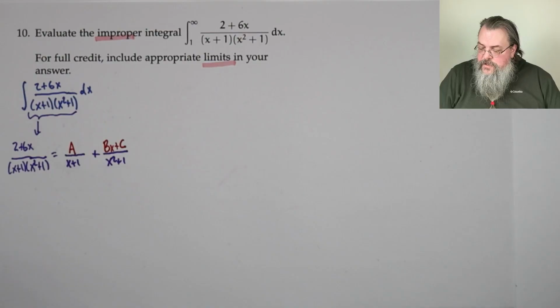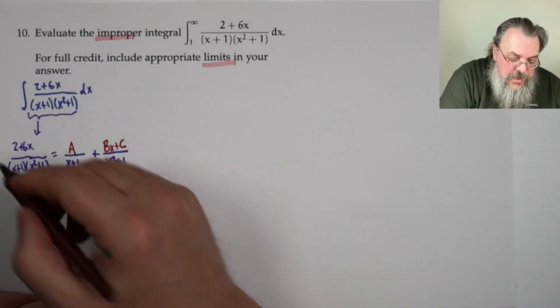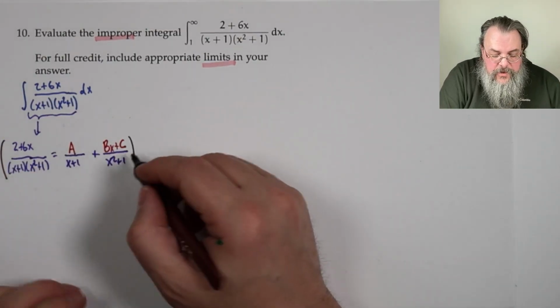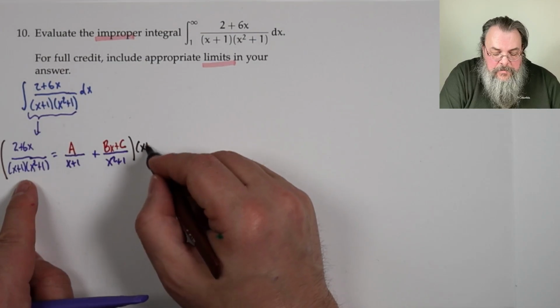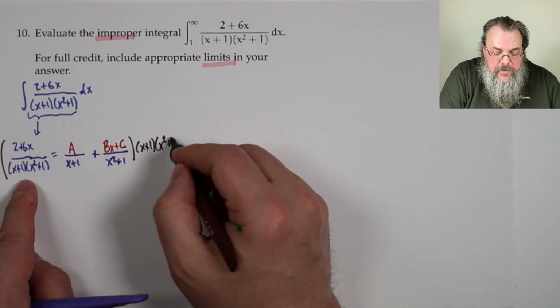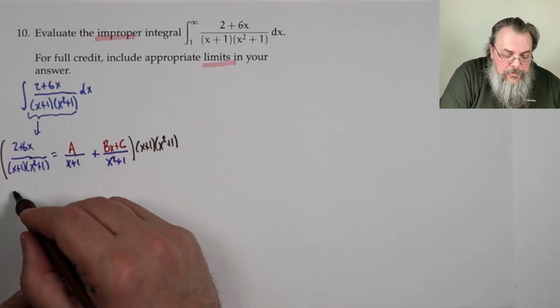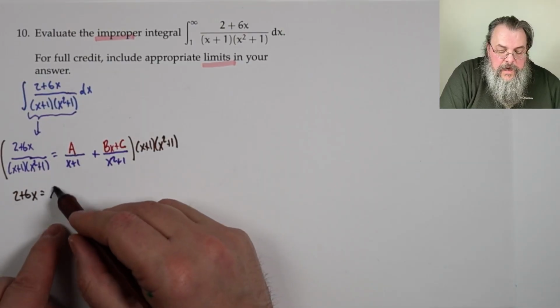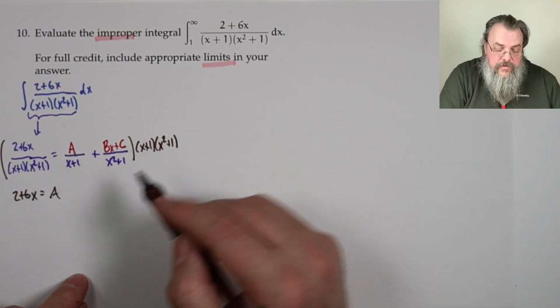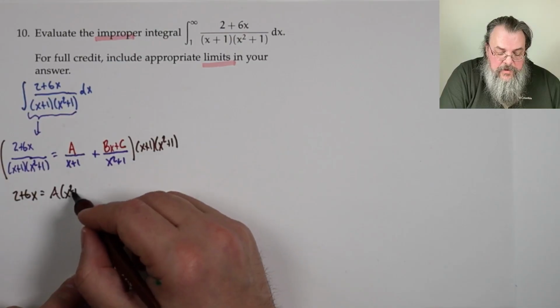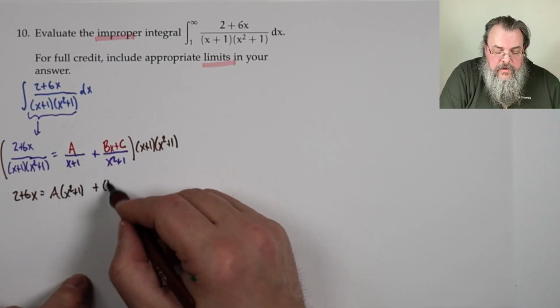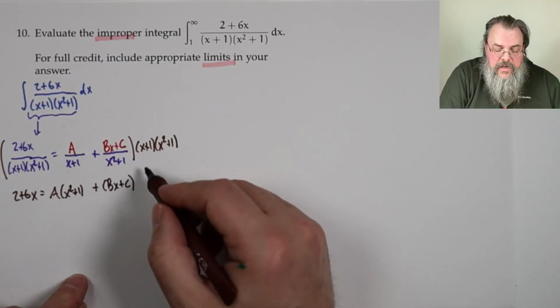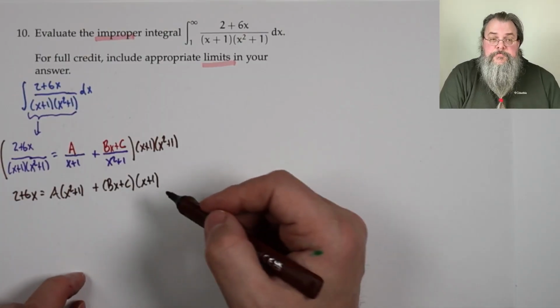Now we clear our denominators by multiplying everything by the original denominator, (x plus 1)(x squared plus 1). We get 2 plus 6x equals a times (x squared plus 1) plus (bx plus c) times (x plus 1).